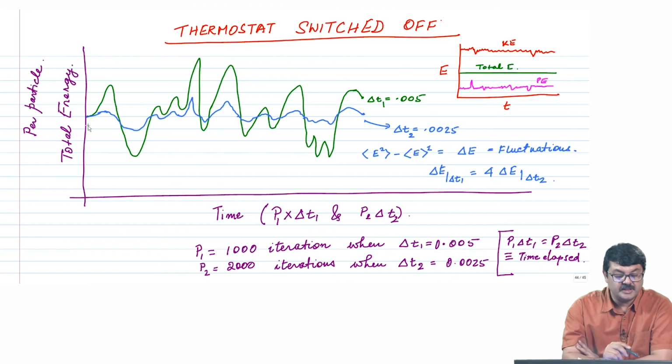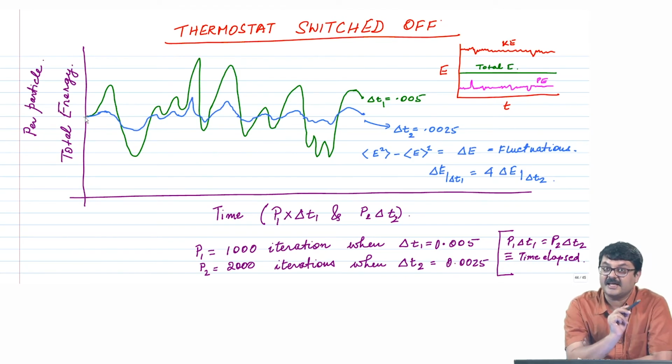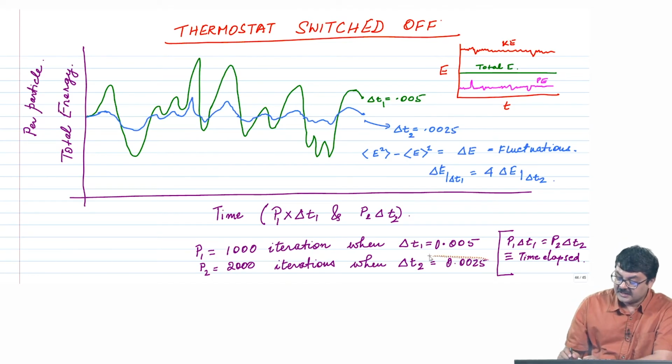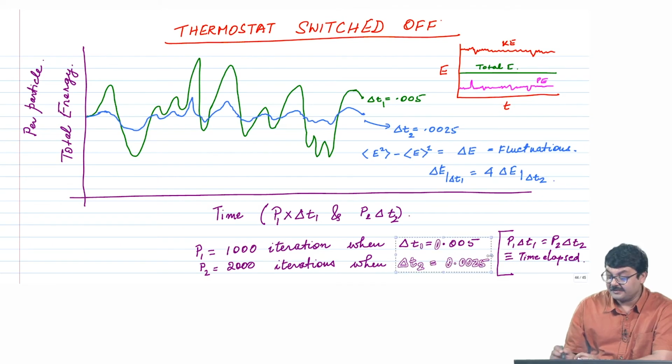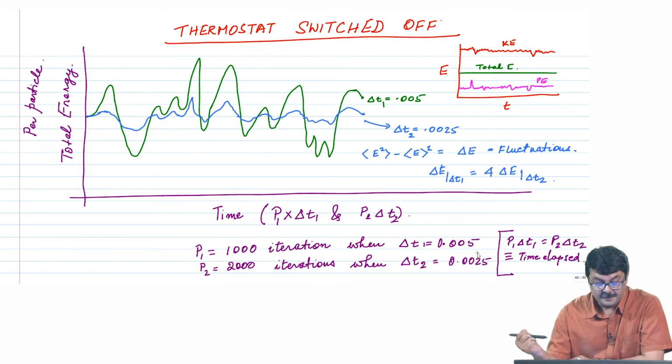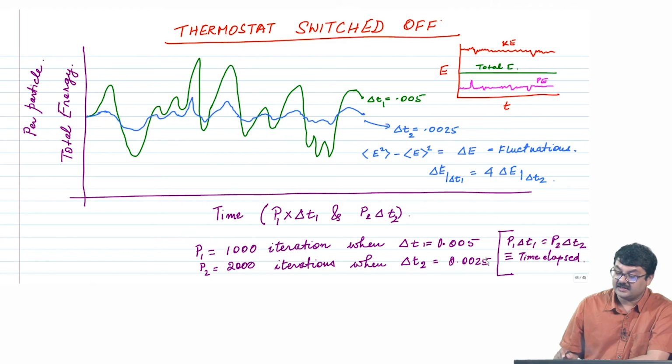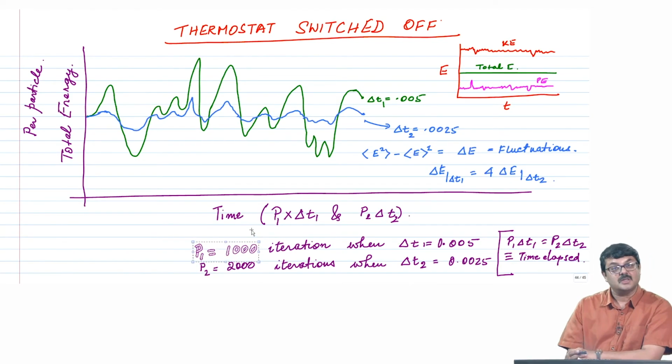Now, if you restart the simulation from the same initial condition as before, which is the equilibrated positions and velocities, so you are starting exactly from the same initial condition as before, but with delta t, the integration time, half that of the previous value, which is 0.0025 say, then since you have a lower value of delta t, to run it for the same time you have to run it for 2000 iterations, if your previous number of iterations was 1000.